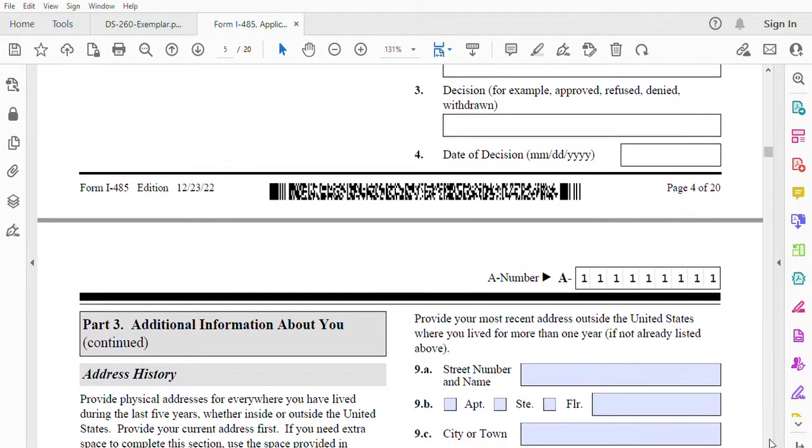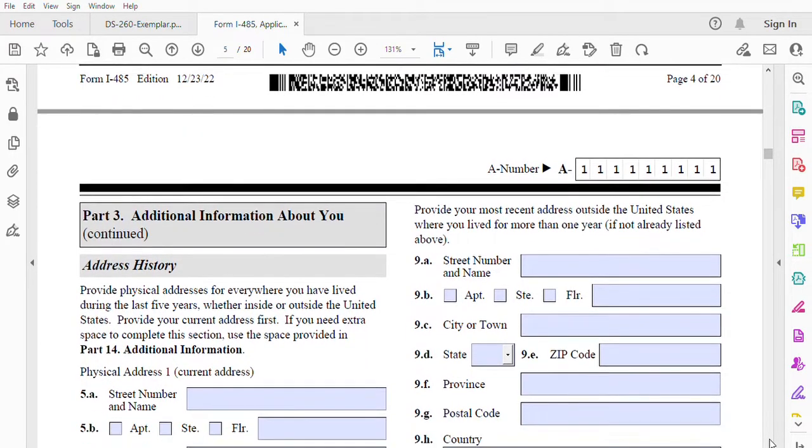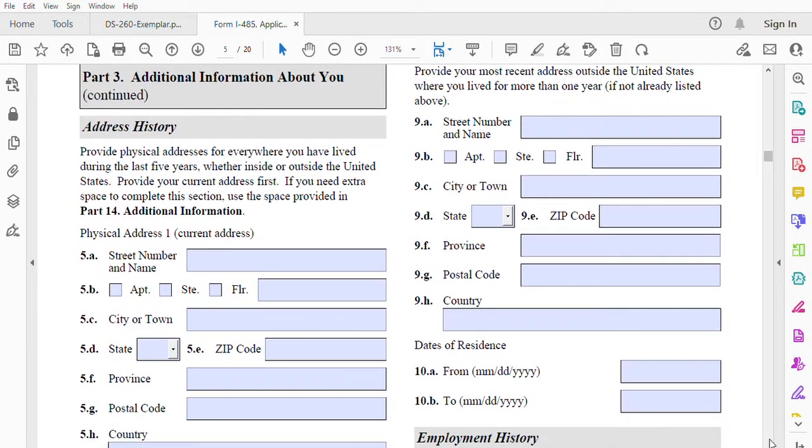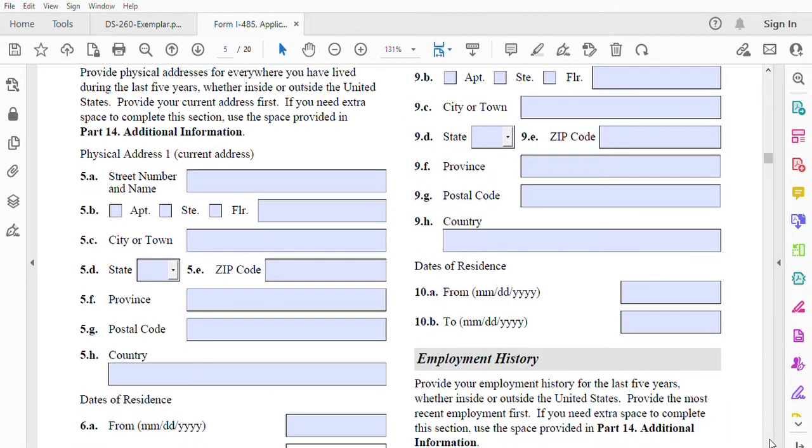We're still talking about Part 3, additional information about you. Address history. You're going to provide the last 5 years within and outside the United States. The current address is 105 Robin Run. That's where you're staying when you are applying for adjustment of status.